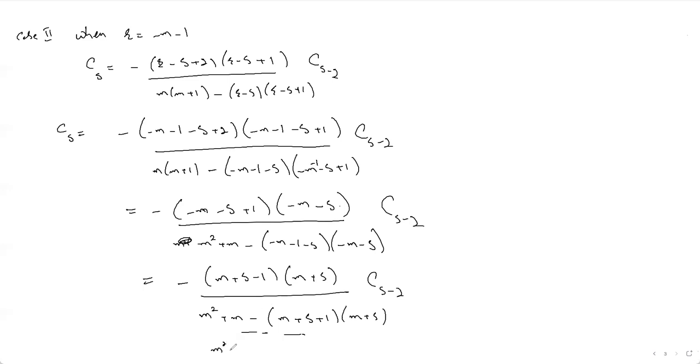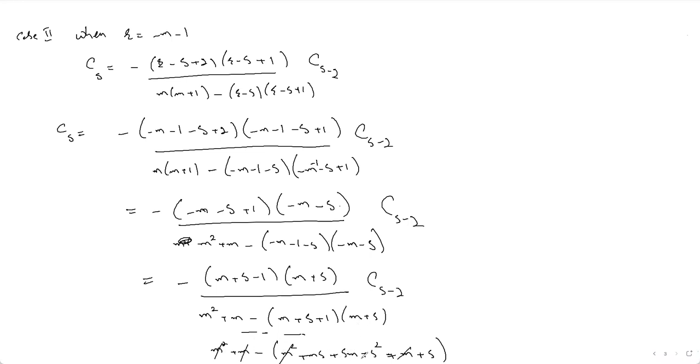So I will write down this: m square plus m minus, this will be m square plus ms plus ms plus s square, minus s, plus m minus... plus s. Now this m square and this m square will cancel out, this plus m and minus m will cancel out.